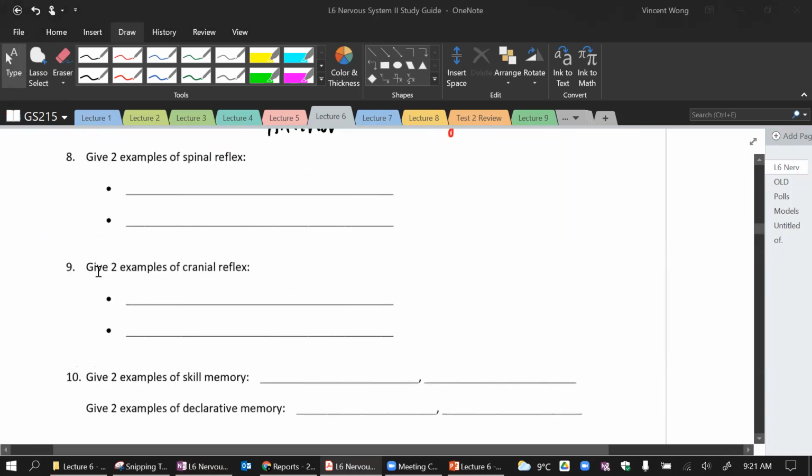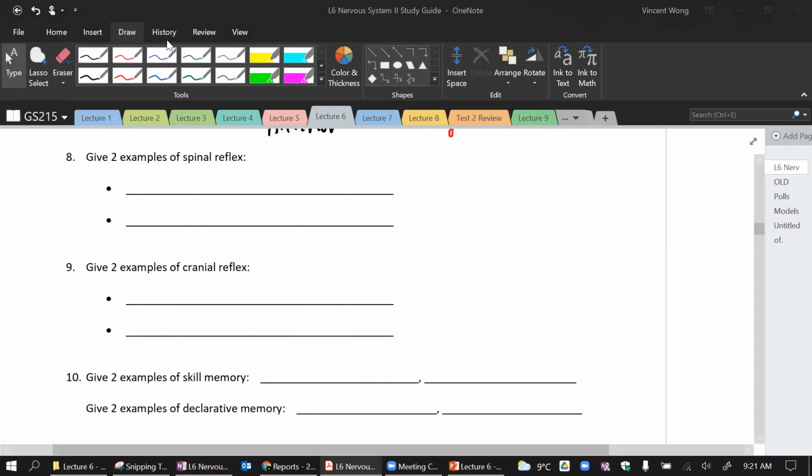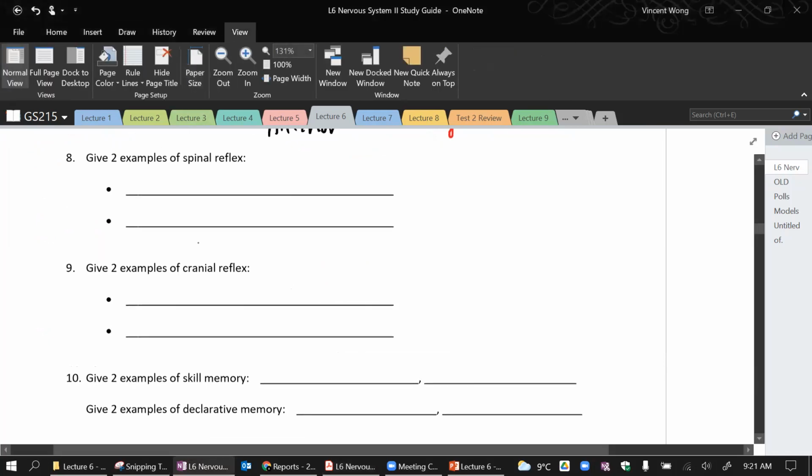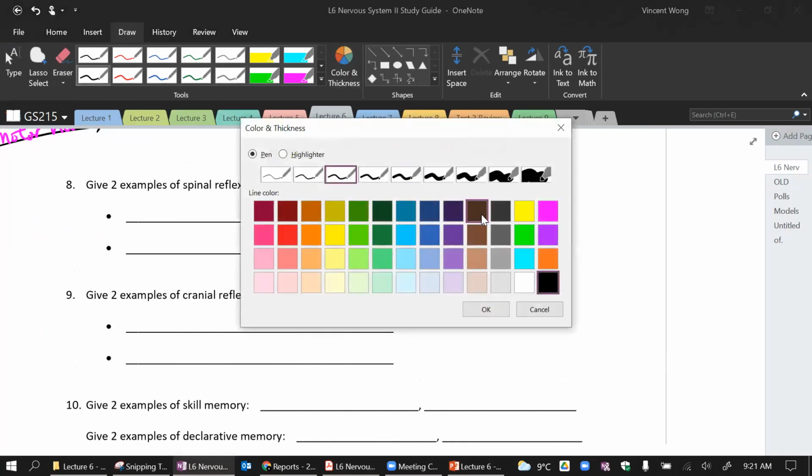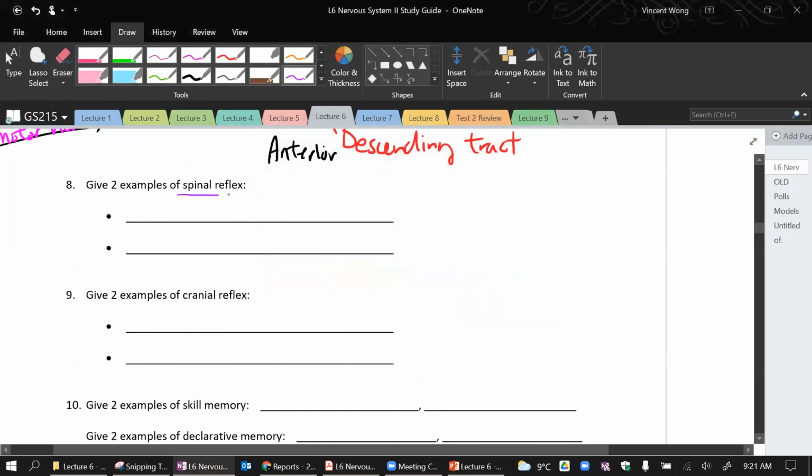Give 2 examples of spinal reflexes. Spinal reflexes are reflexes that only involve the spinal cord.